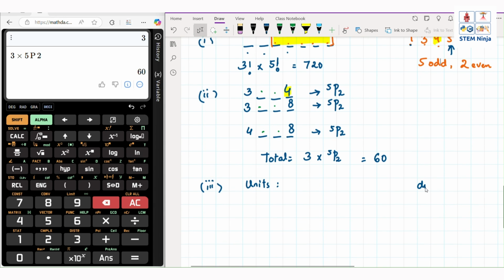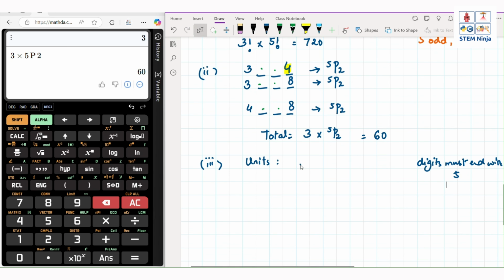So there's only one possibility, 5 over here for units. For hundreds, you have 1, 2, 5. Sorry, we also have tens also. Sorry, I forgot over here.